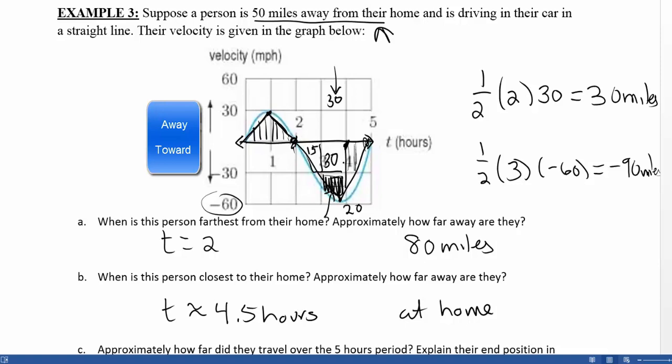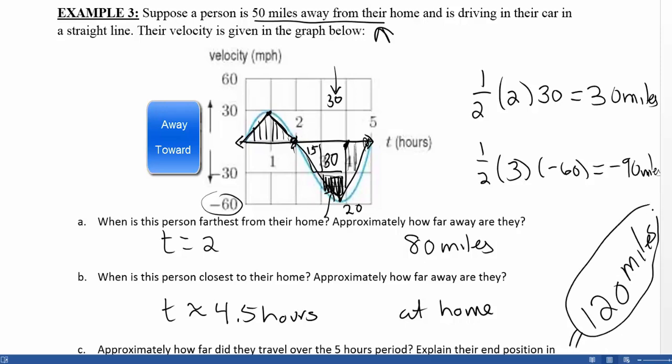So we have to be a little bit careful here, because remember, we drove 30 miles in one direction, and then we turned around and drove 90 miles in the other direction, which means that in total, we drove 120 miles. So if that's the question, I need to make sure that I'm counting that -90 miles as positive, because I want to talk about the total miles traveled. So I have to take the absolute value in that case.